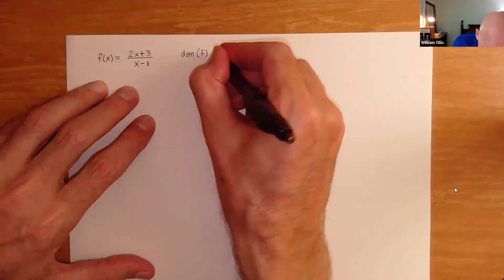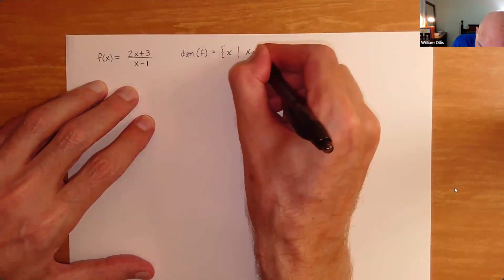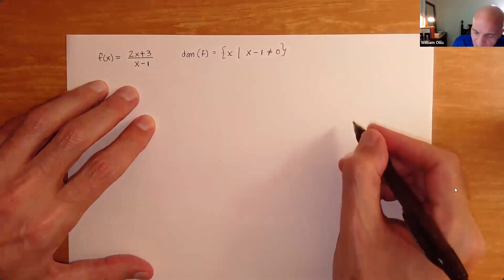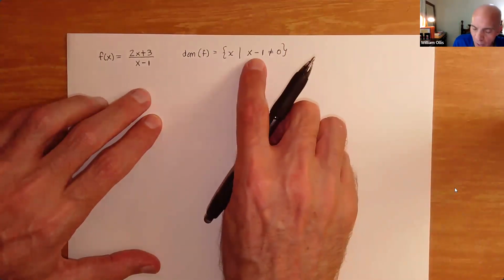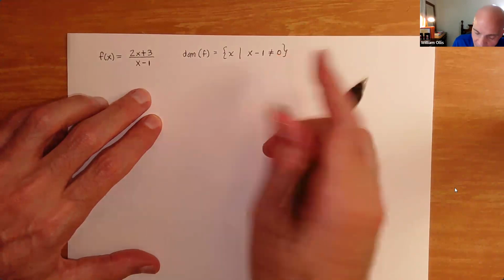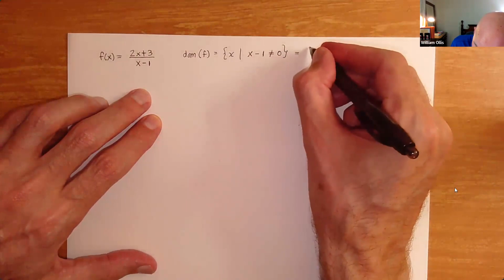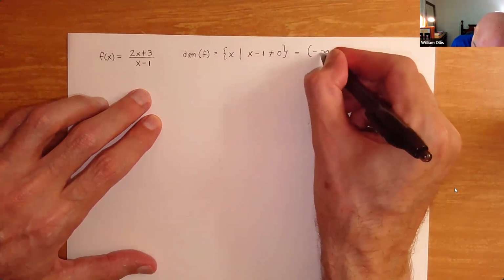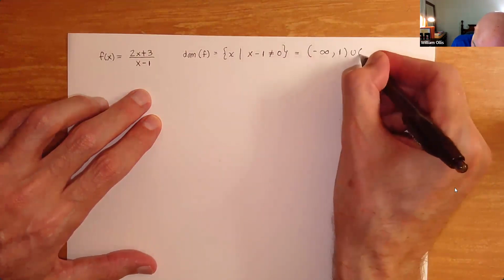will be all real numbers x such that x minus 1 does not equal 0. Well, that's really simple. We just kick out 1. So just solve for x, and we have x is not equal to 1. So we'll say this just equals the following set in interval notation: negative infinity to 1, union 1 to infinity.